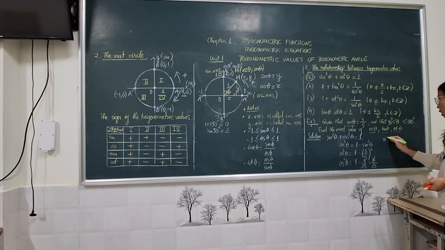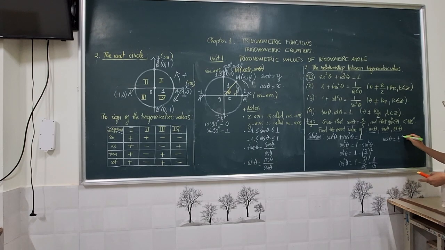Now, to find cosine theta, we must take the square root of both sides, and we have two values, opposite: plus or minus 4 over 5.